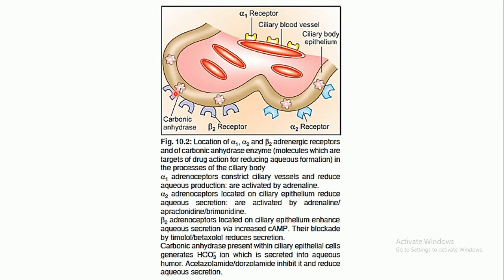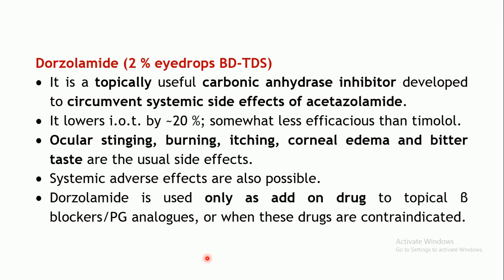In the ciliary body epithelium, the carbonic anhydrase enzyme is present. By inhibiting this enzyme, the availability of bicarbonate ions is restricted by this class of drug, that is, carbonic anhydrase inhibitors.